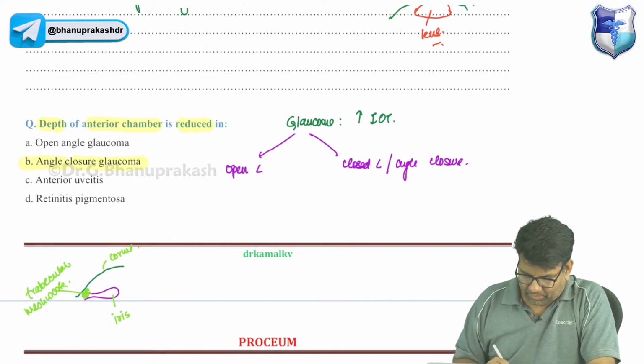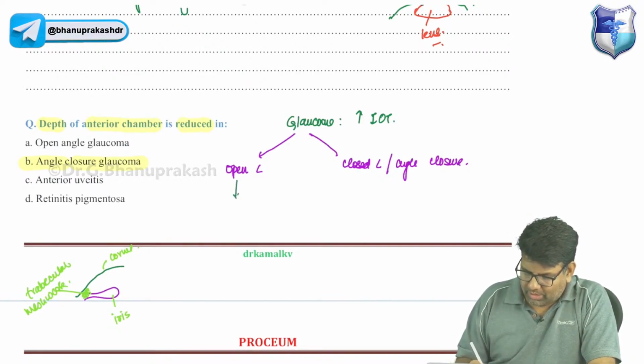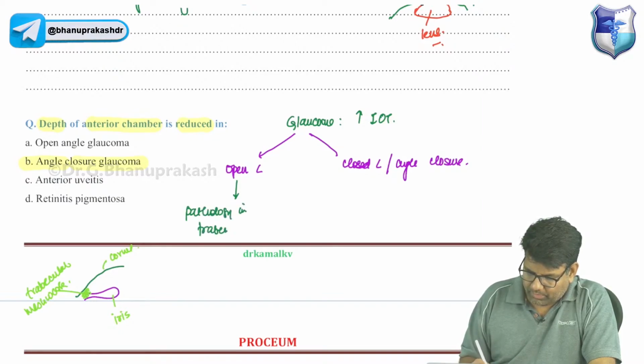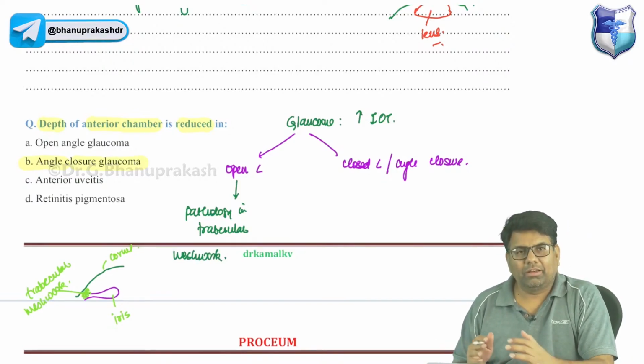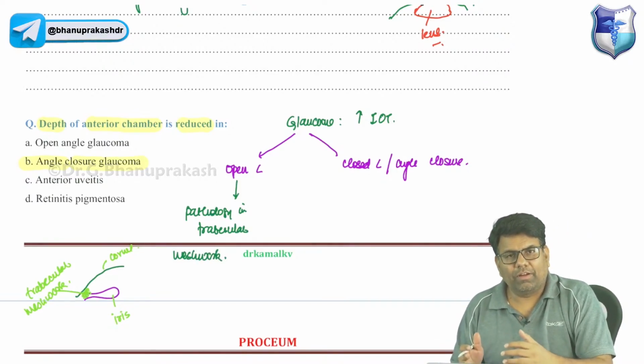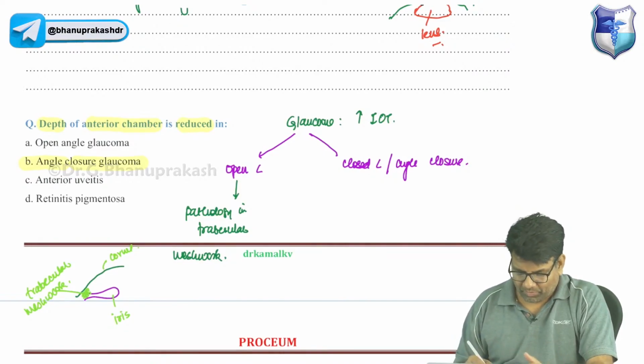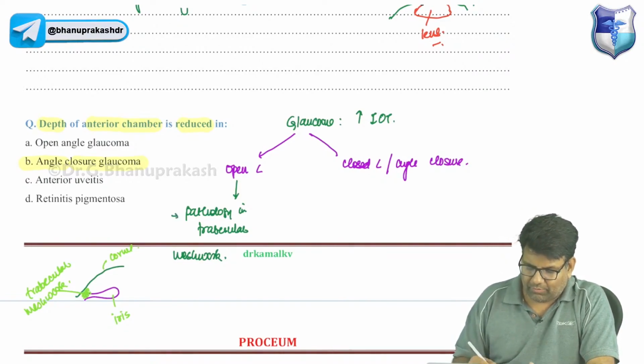So what happens in open angle glaucoma? There is pathology in the trabecular meshwork, right? So this drainage channel is at fault. The angle of the anterior chamber is okay. It's just that the trabecular meshwork is at fault.